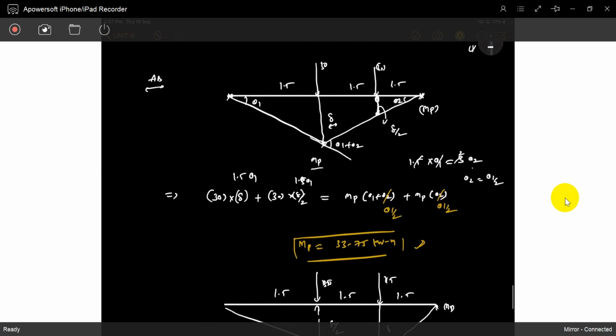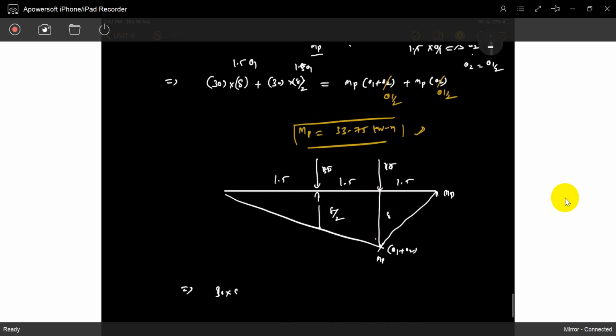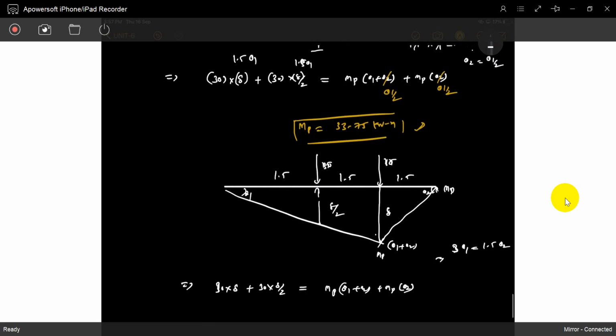This is 30 here. 30 delta by 2 is equal to MP theta 1 plus theta 2 plus MP theta 2. So now we can see, what is delta? 3 theta 1 is equal to 1.5 theta 2. This is theta 2. So what is theta 2? Theta 2 is 2 theta 1. Understood? Theta 2 is 2 theta 1.